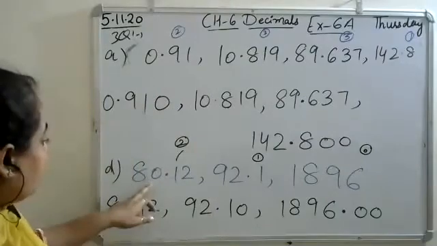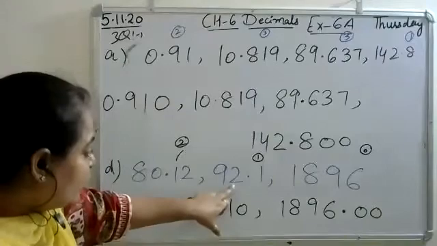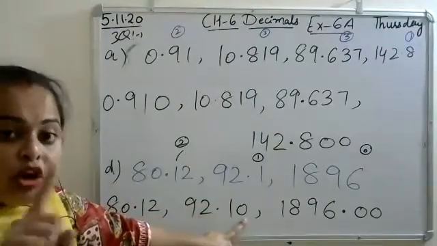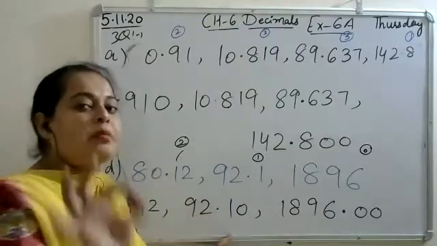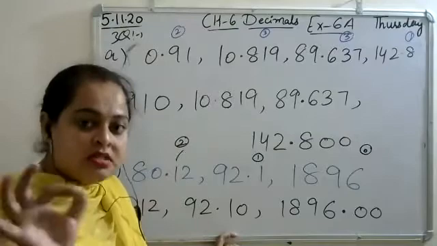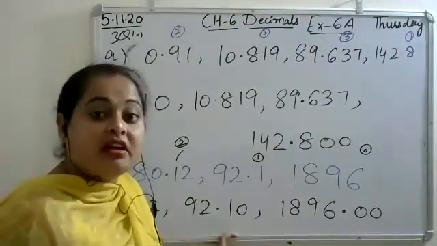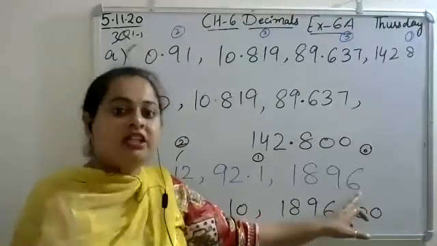Look, this is 80.12, then 92.10. बेटा कोई जीरो आपने डेसिमल के लेफ्ट में नहीं लगाना. जितनी भी मॉडिफिकेशन करनी है जीरो से, आपने वो सारी की सारी मॉडिफिकेशन कौन सी साइड पे करनी है? राइट हैंड साइड. और ये देखो इसमें डेसिमल है ही नहीं था.